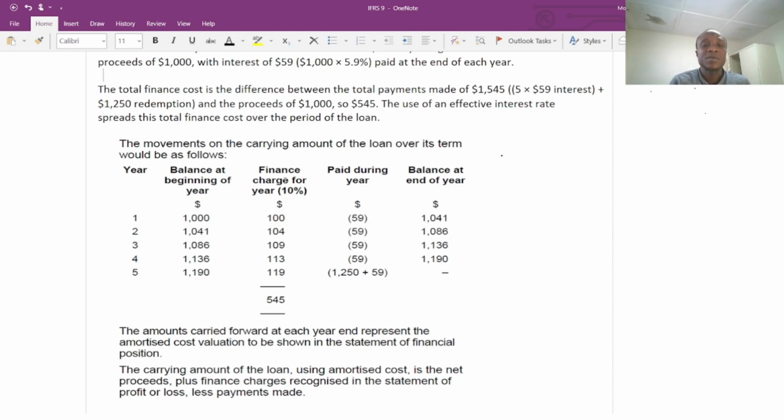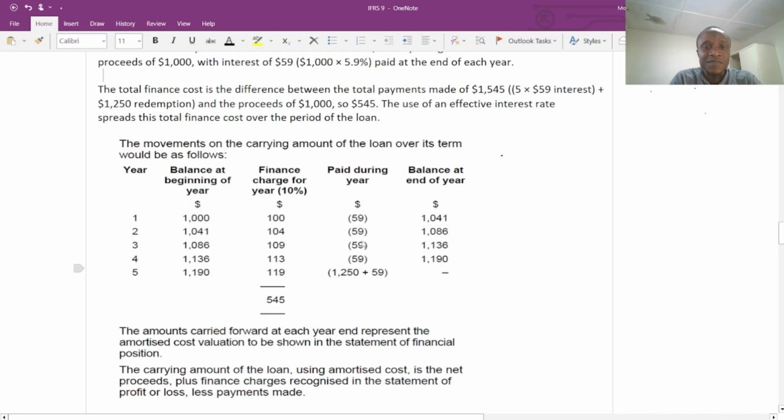Then the interest paid is calculated on the nominal value, which is the 5.9% times the 1,000. The opening balance plus the finance cost minus the actual interest paid gives us the closing balance. We calculate the finance cost on the closing balance, which becomes the opening balance for year two. So year two finance cost will be calculated based on 1041 multiplied by the 10%.